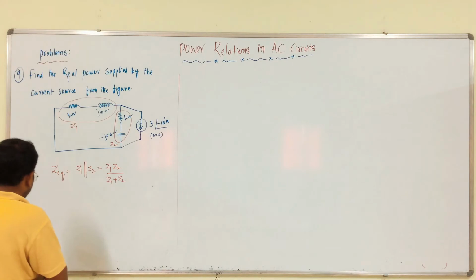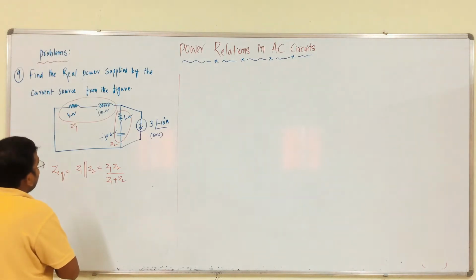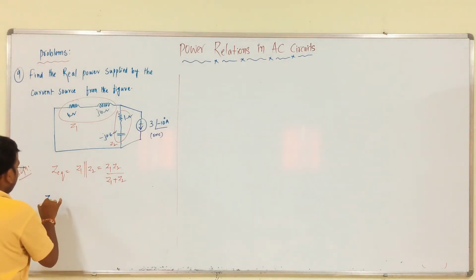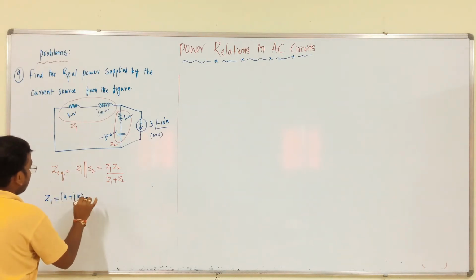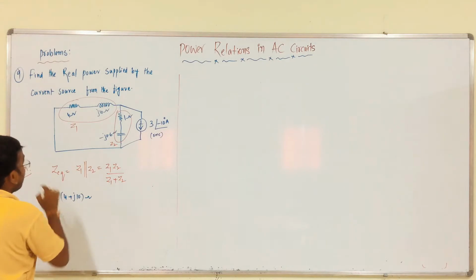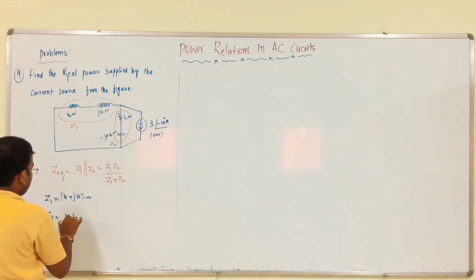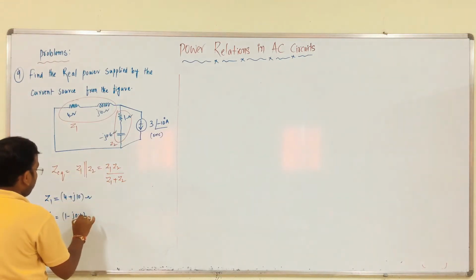Okay. See, from this, Z1 is what? 4 plus j10, right? Z2 is what? 1 minus j0.6.